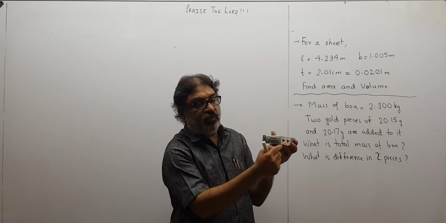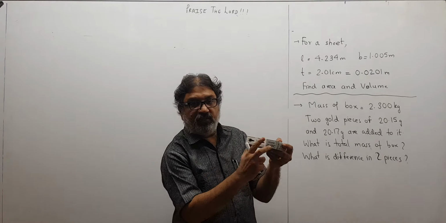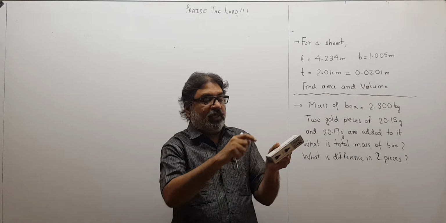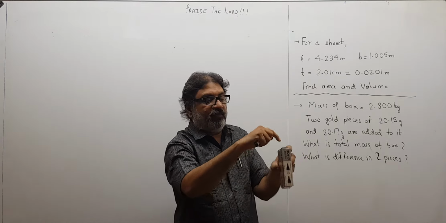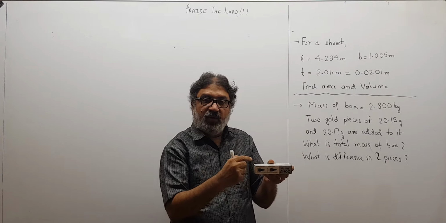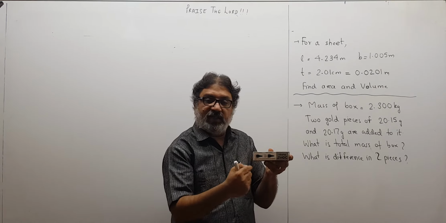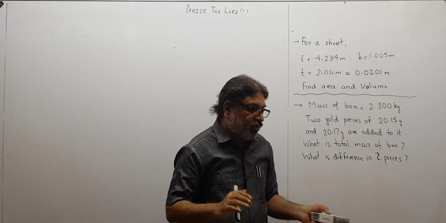Then this will be breadth into thickness, this side and this side. And this will be length into thickness, this side and this side. So 2 times this surface, 2 times this surface, and 2 times this surface. So 2 times length into breadth, 2 times length into thickness, and 2 times breadth into thickness. That will be the total area.